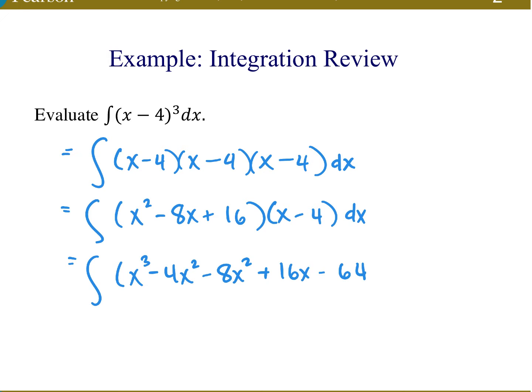Oops, I missed one. X squared 4x. Oh, I missed the 32. 8x squared plus 32x, then plus 16x, then minus 64, and then dx. And then you would combine like terms, and you would integrate each term one by one.